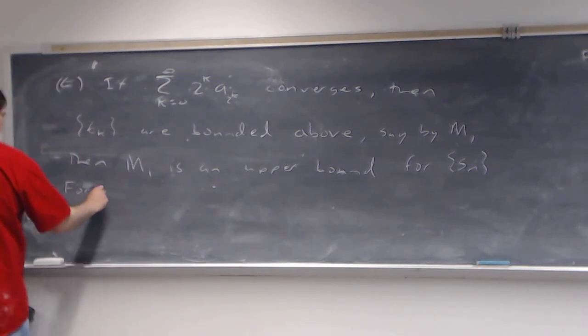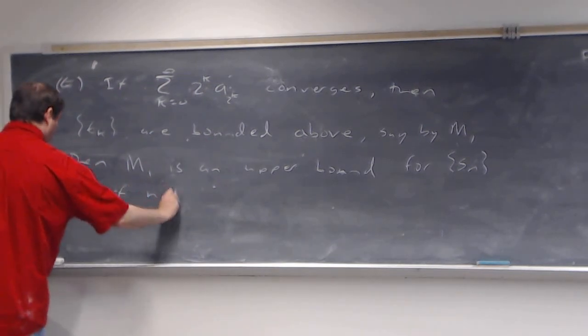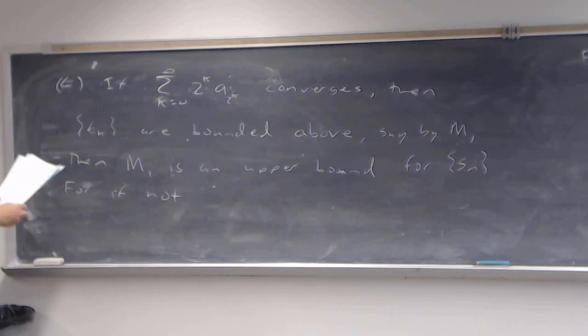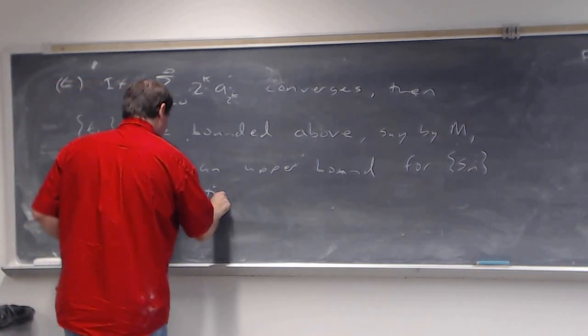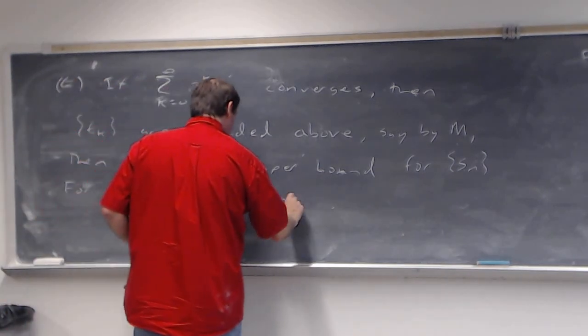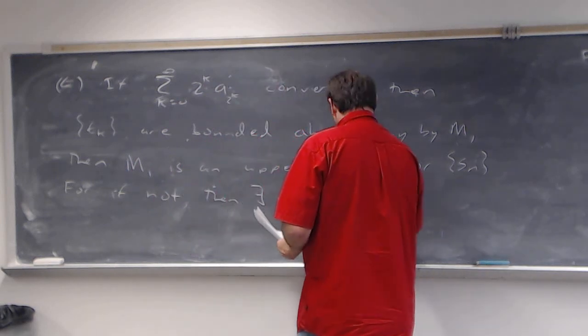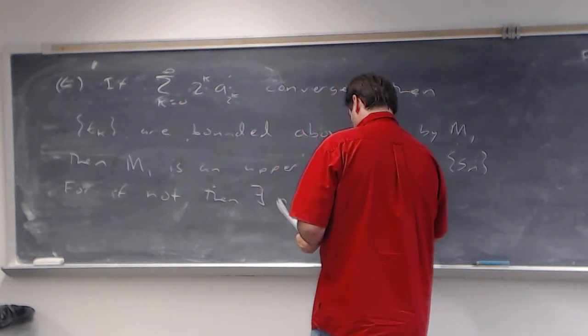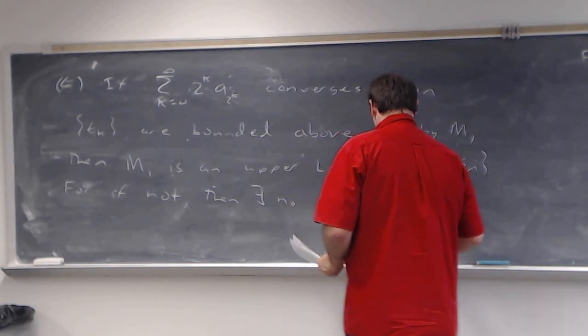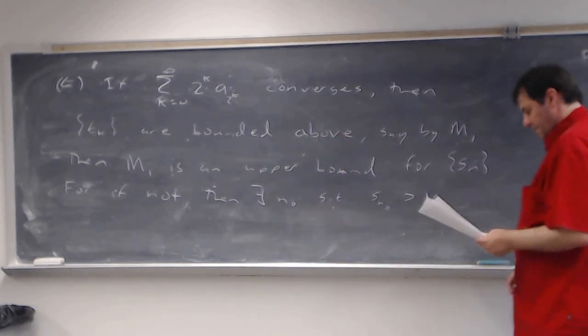For if not, then there exists an n sub naught, a natural number, such that S sub n sub naught will be greater than m sub 1.